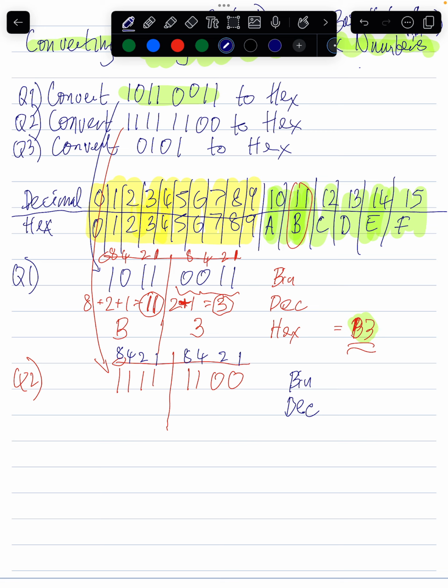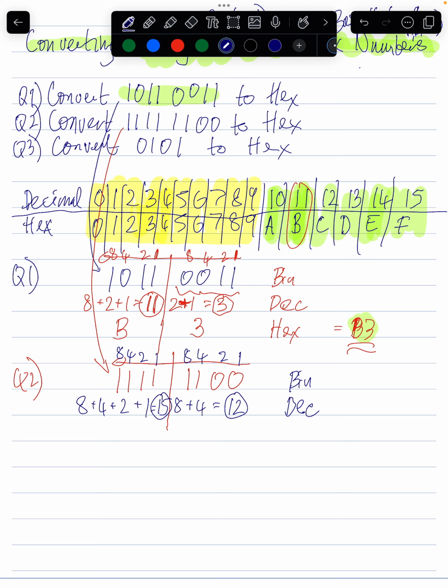Now, we've got 1, 8, so it's 8 plus the 4, and that's 12. Now looking at this side, where we can forget about any other bits, that's going to be 8 plus the 4 plus the 2 plus the 1, which is 15.